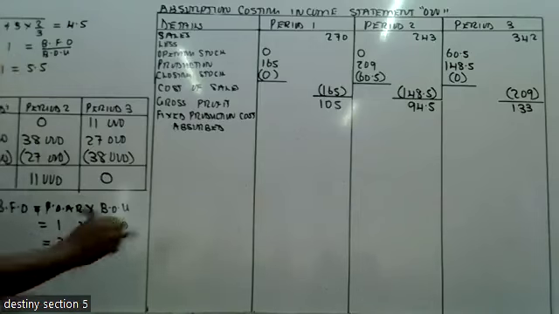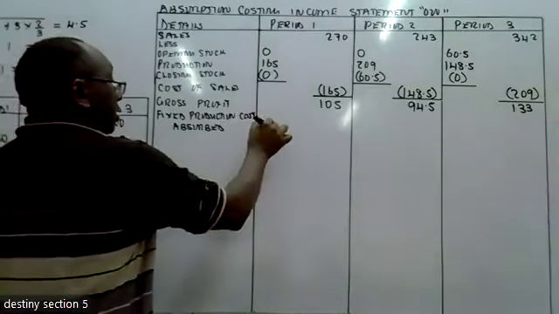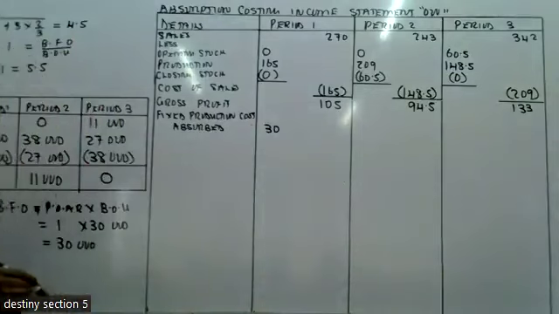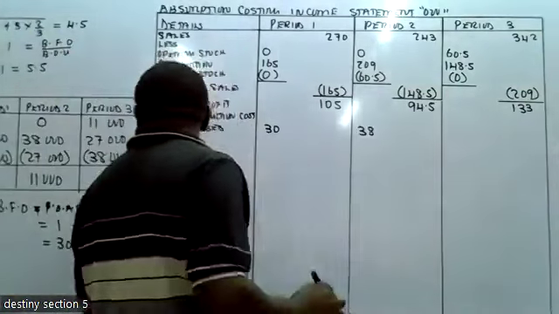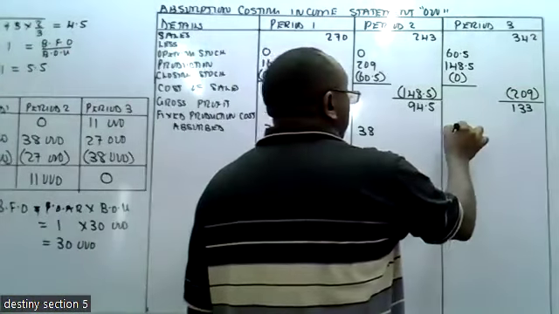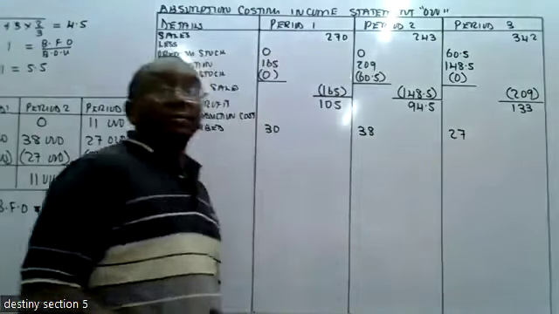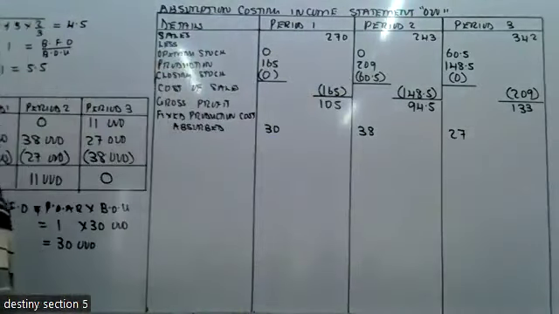So the first one then will be 30. The second one will be 38. And the last one will be 27. The OAR, the fixed overhead absorption rate, multiplied by the units produced.